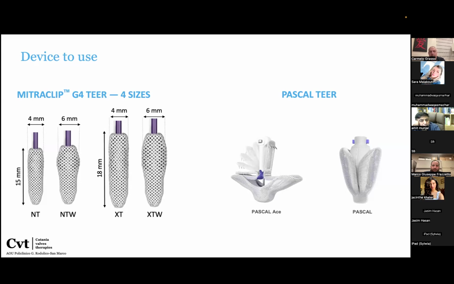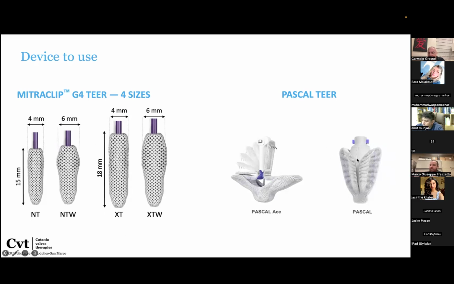Instead, Edwards, which came later, as you know, has the Pascal devices. The first device was the Pascal P10, that is the device on the right. It was the device with the spacer inside, with a large paddle, and it comes with a completely different technology, because the MitraClip is called an active device, because we close and force the closure actively to grasp the leaflet.